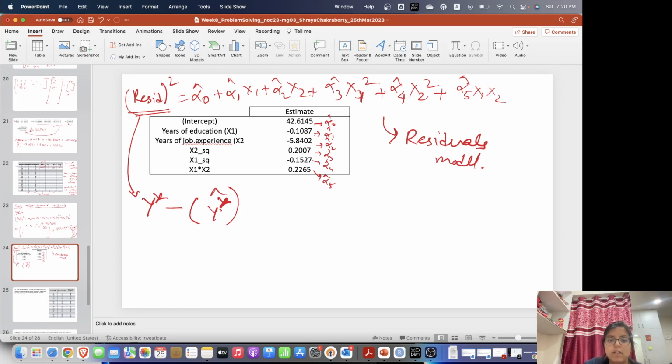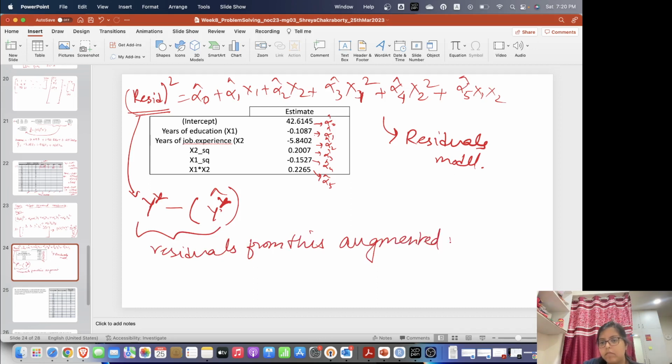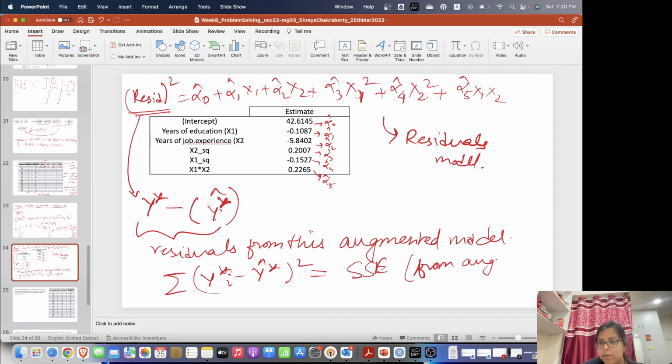So this part would give me the residuals from this augmented model. If we do a sum of squares of residuals from this augmented model, then we would get the sum of squares of errors from the augmented model.